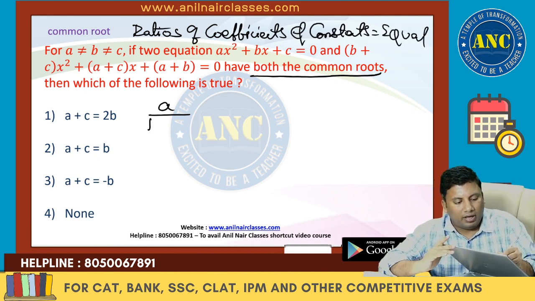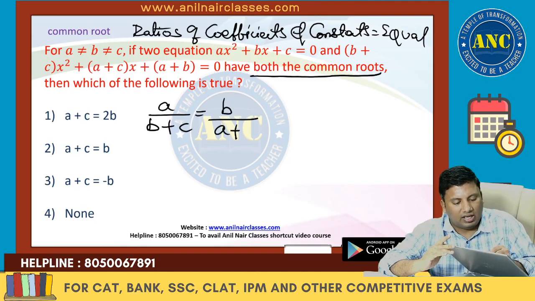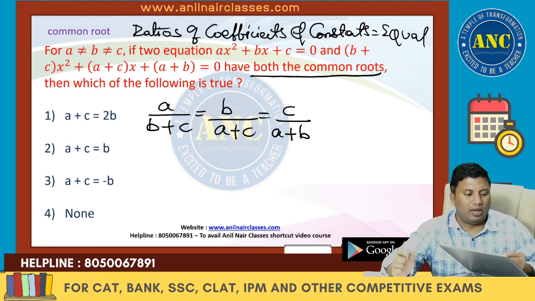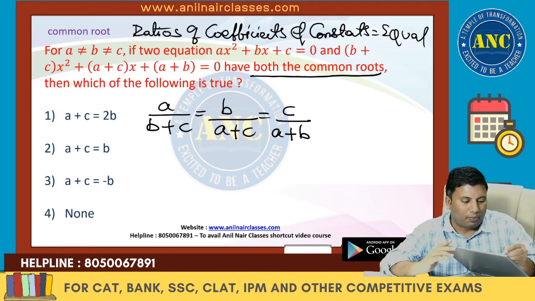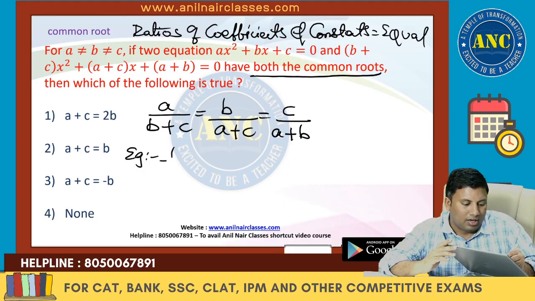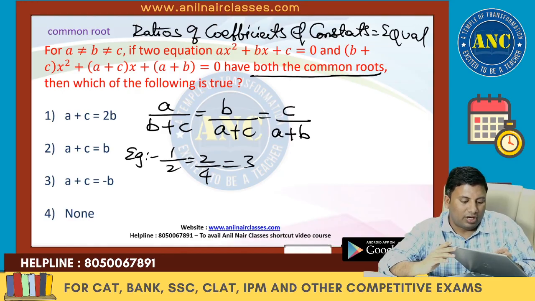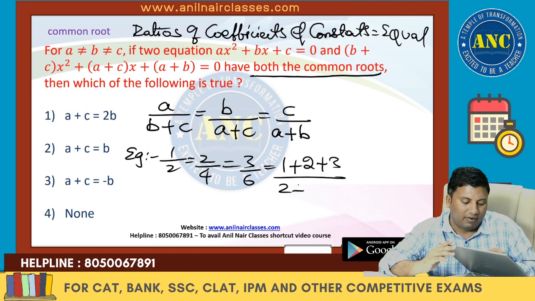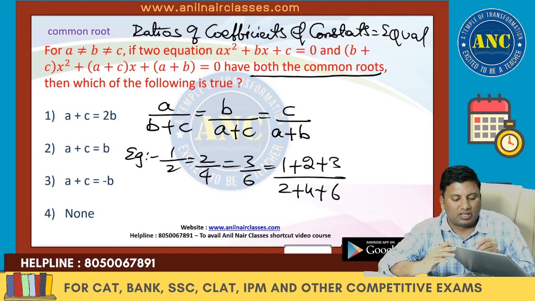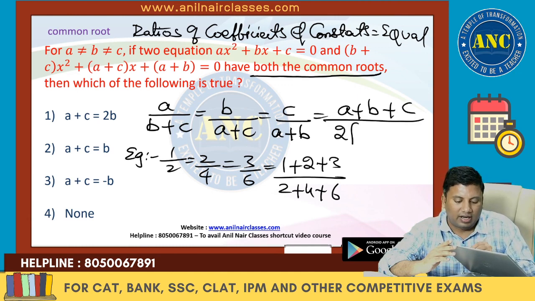So A by B plus C equivalent to B by A plus C equivalent to C by A plus B. I hope I already told you this example: 1 by 2 equivalent to 2 by 4 equivalent to 3 by 6. It is nothing but 1 plus 2 plus 3 divided by 2 plus 4 plus 6, which is A plus B plus C divided by 2 of A plus B plus C.